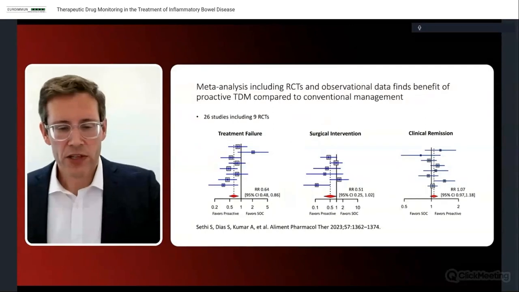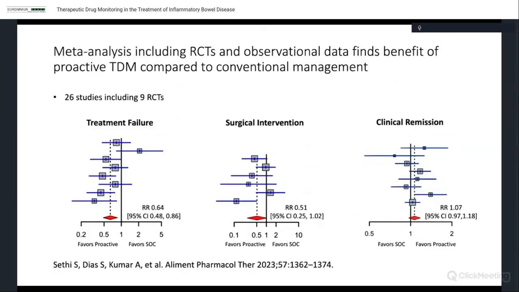Now, another group took a different strategy to a meta-analysis and included both randomized controlled trials and observational data. And again, perhaps not surprisingly, they did find some benefit when including the observational data of proactive TDM compared to conventional management, particularly for treatment failure, as shown on the left, which favored proactive management.